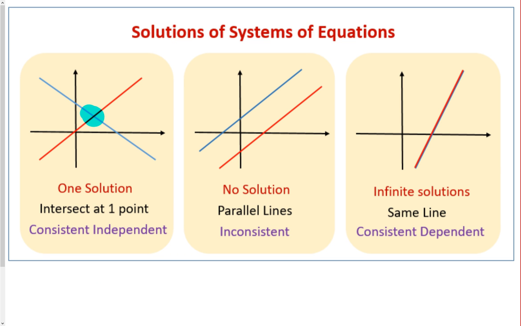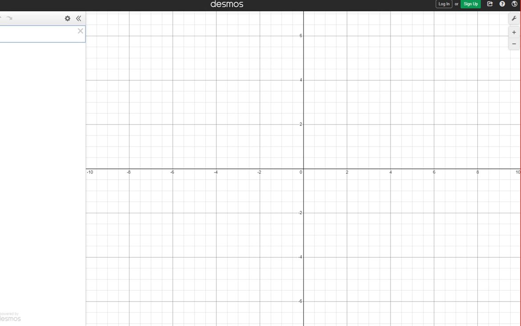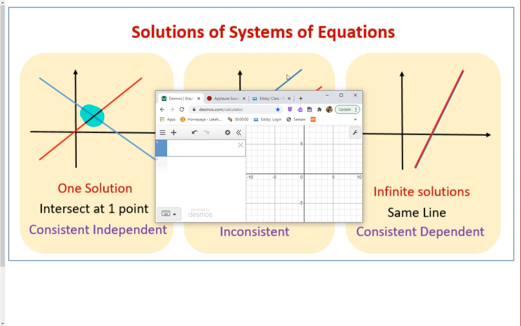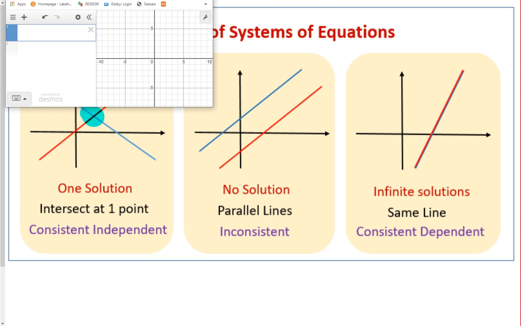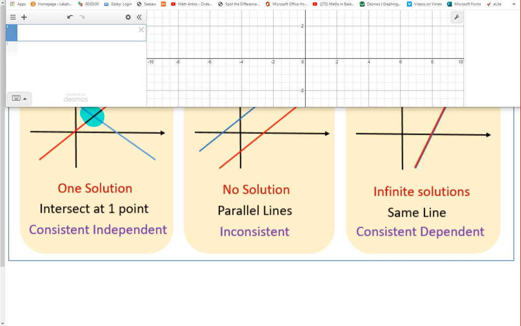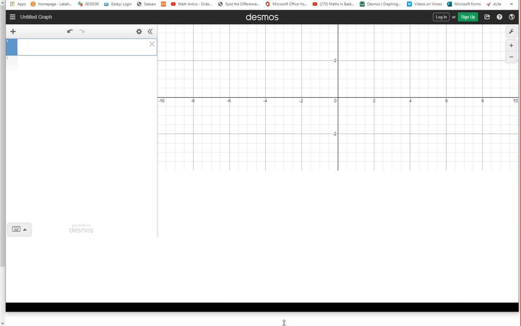I actually want to take you for a moment to a program called Desmos. Can you let me know in the chat if you've used Desmos before, please? So go ahead and post in the chat right now. Let me know if Desmos is a program that you've used in school.